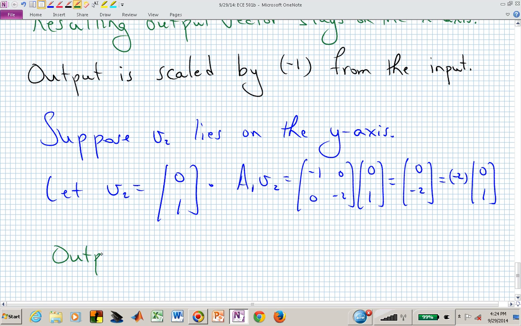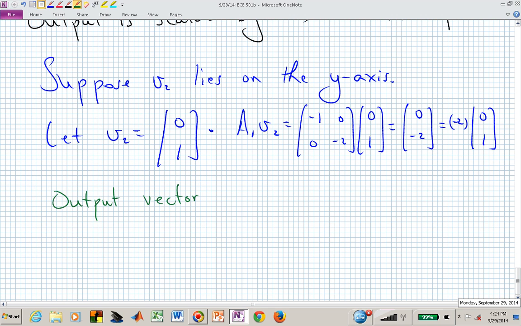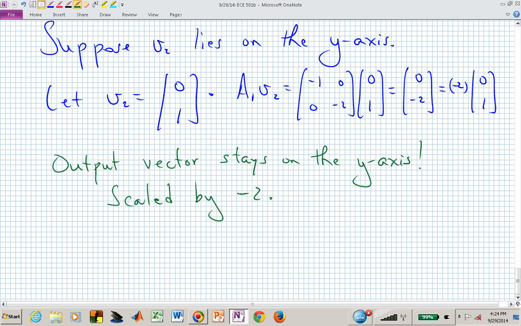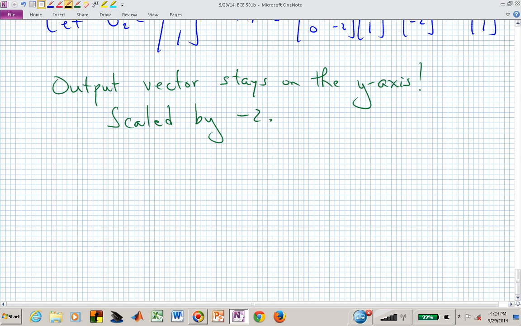Because of the special nature of those vectors, in this case v sub 2, because we started on the eigenvector, we remained on that eigenvector through this linear mapping A sub 1. The output vector stays on the y-axis. Now it's scaled by minus 2. So we've gone twice as far from the origin, and we've rotated or turned around by 180 degrees. Yes?